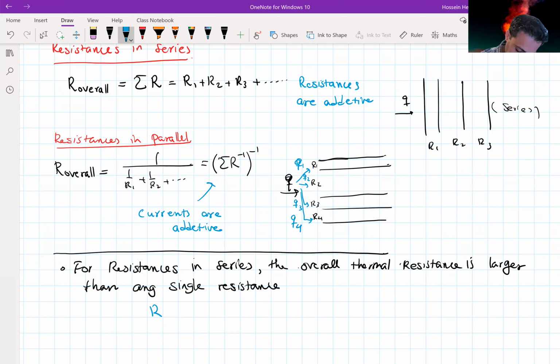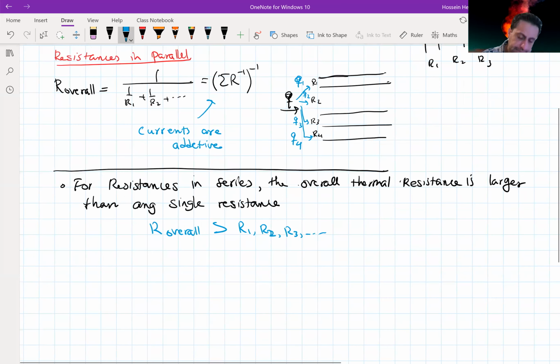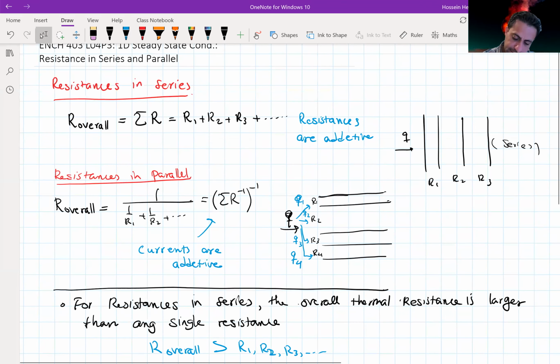or in another word, R overall is greater than, let's say, R1, R2, R3, and that brings us to a concept called controlling resistance. So for this case, if there is a layer with a really high resistance, that's the one that is going to control.